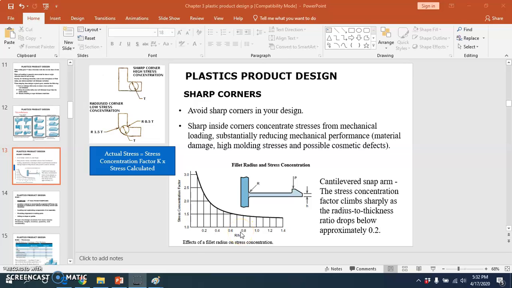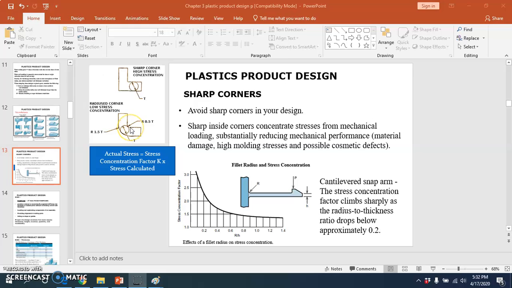The stress concentration factor is a multiply factor. It increases the stress. So the actual stress is given by the stress concentration factor K times the calculated stress. Typically at corners, the inside radius that we should consider is 0.5.